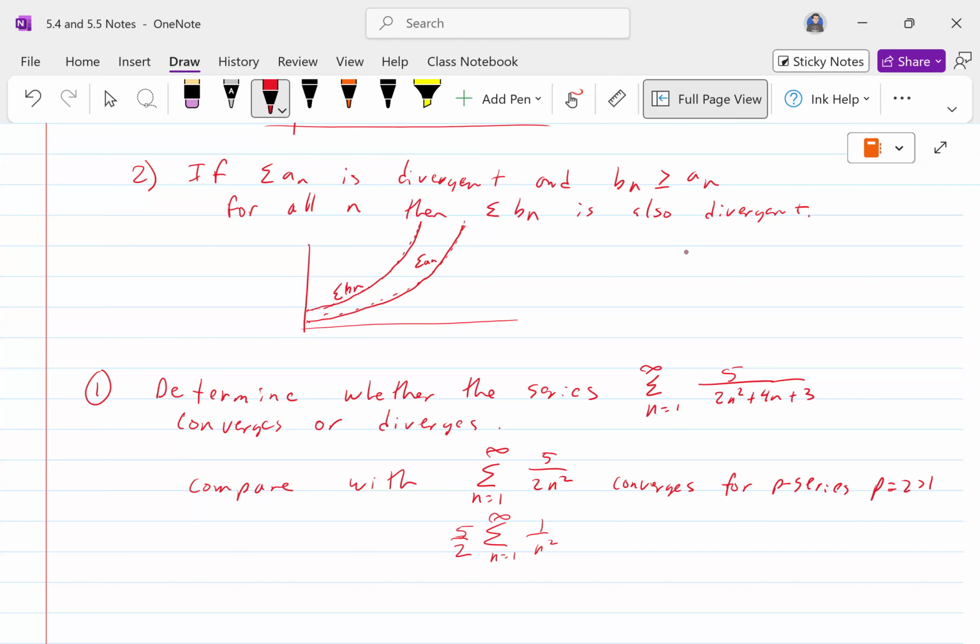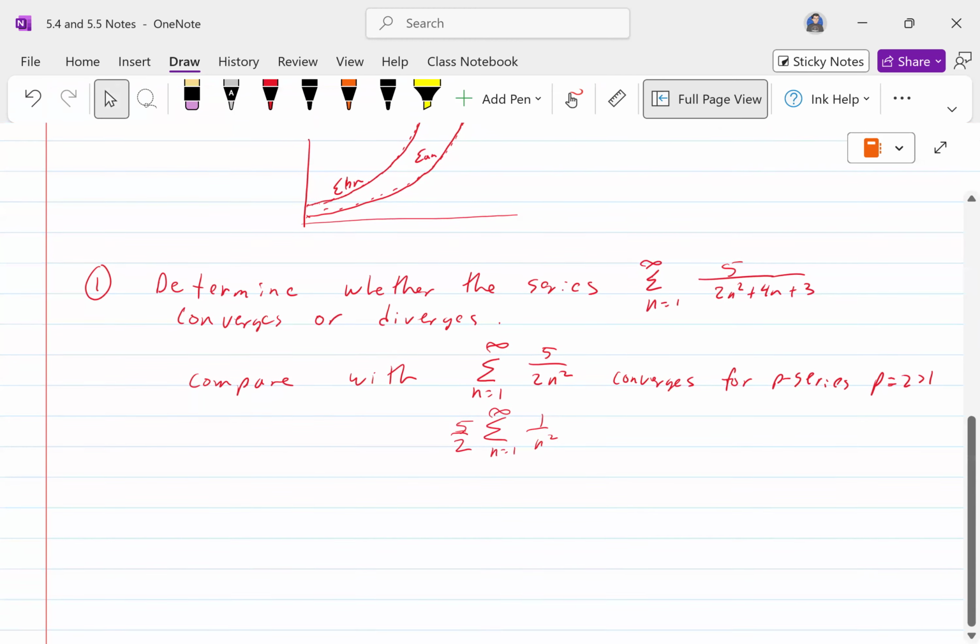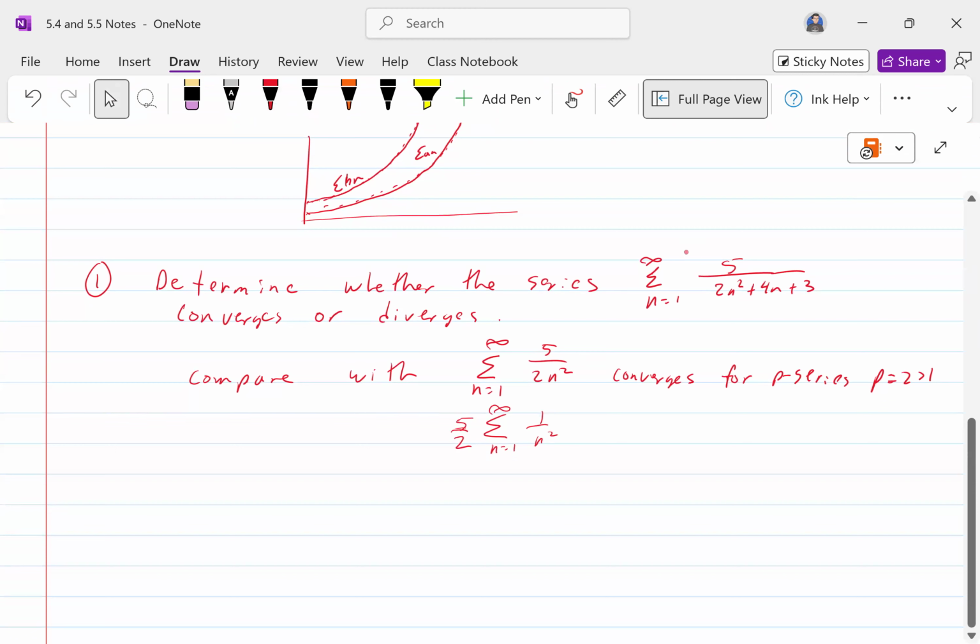Due to the p-series. Now I have to compare the terms, and we need to say which one is bigger and which one's smaller. Which one's A sub n and which one's B sub n? Because if this is bounded by something that's bigger, then we're good.